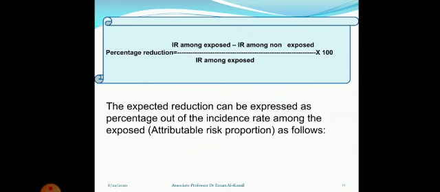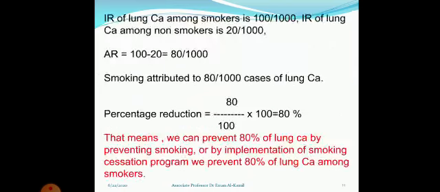This is called the percentage reduction. It explains the expected reduction expressed as a percentage out of the incidence among the exposed, the attributable risk proportion. So how much can we reduce by preventing smoking among smokers.